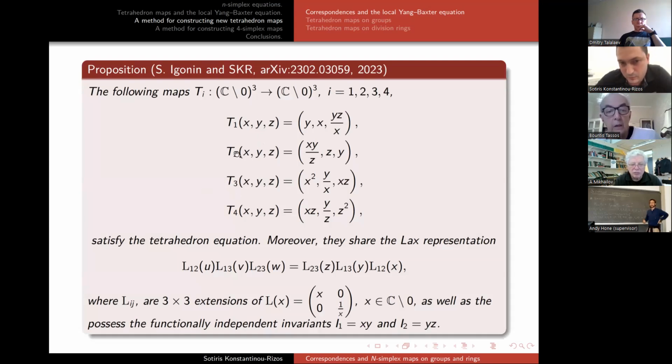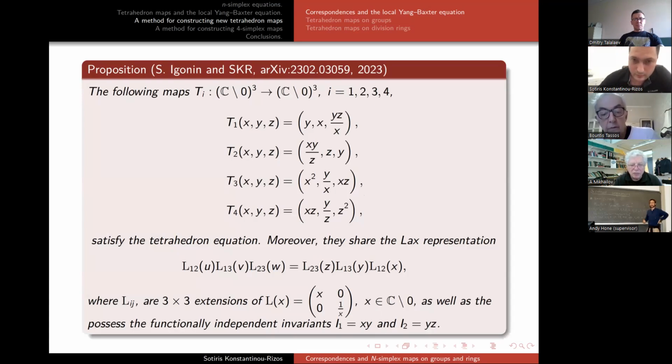The list of 4 maps is generated by this matrix, for several different choices of the free variable. So for various choices, you obtain these 4 maps. You can say that this map has this Lax representation, and all of them share these functionally independent invariants.